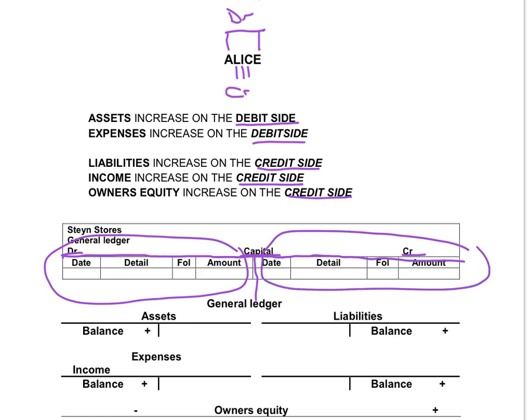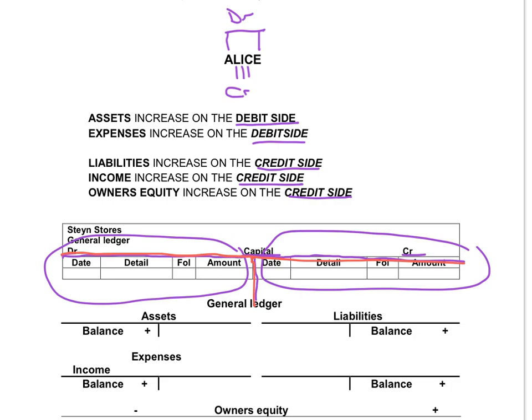And if you look at the account, you see that we've divided the account into this debit and credit, and that looks like a T. That's why we sometimes refer to the general ledger as T accounts.